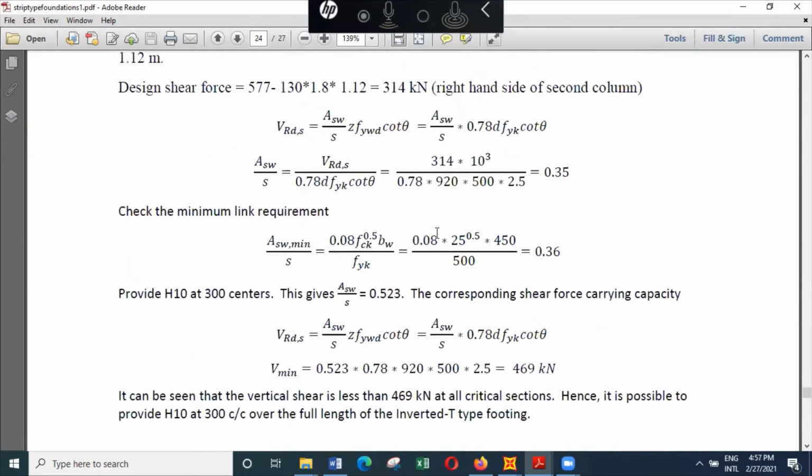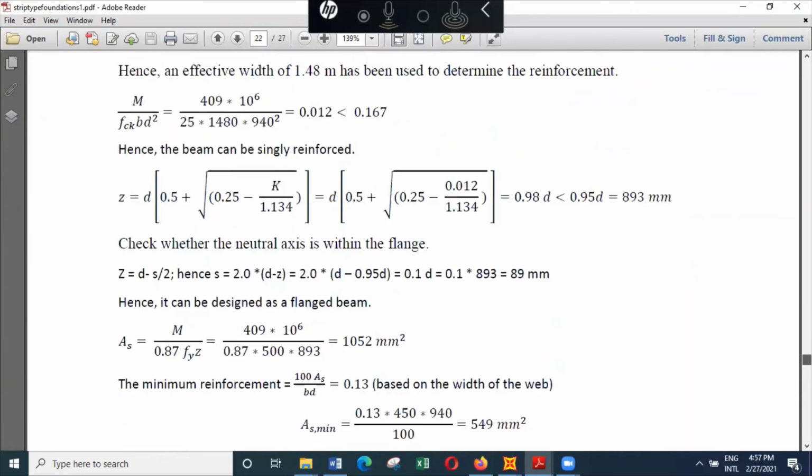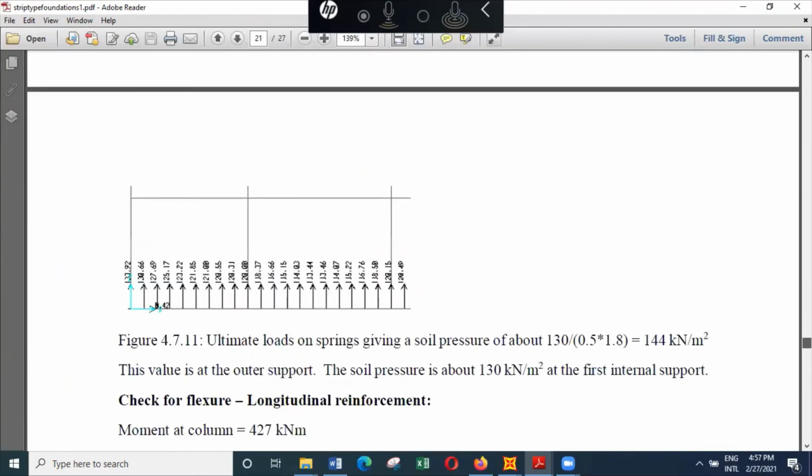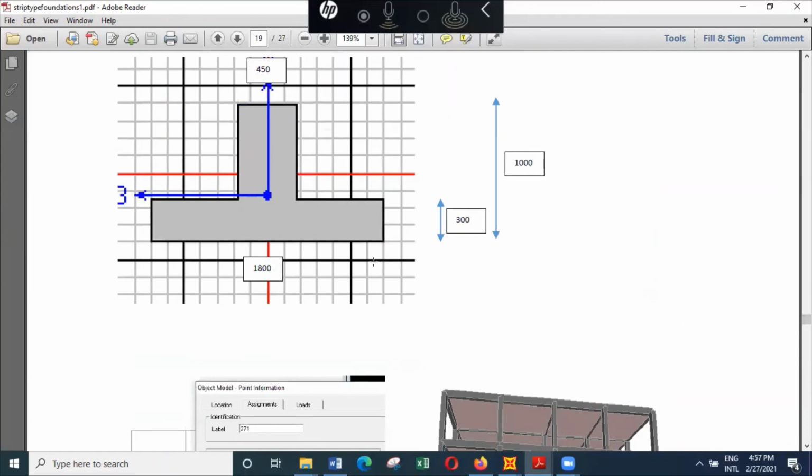But in addition to all this, when you look at this cross section that we selected, there can be another type of failure, and that is, now we provide the transverse reinforcement this way, but in addition to that, at a distance d away from the face of the web, we have to check the direct shear in this section.